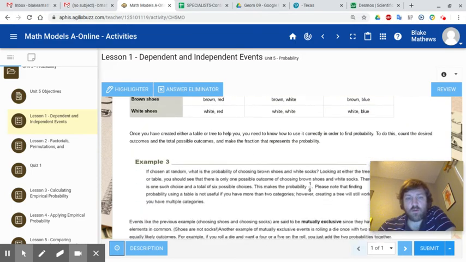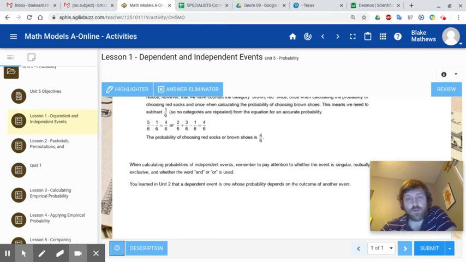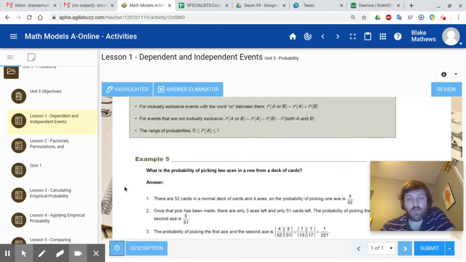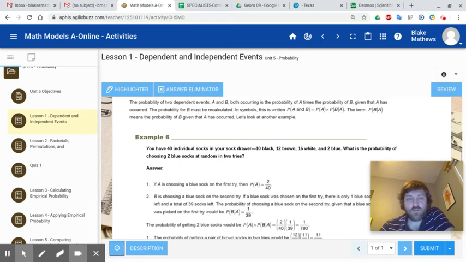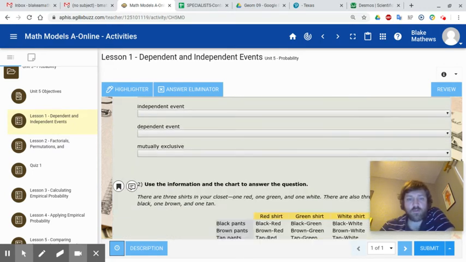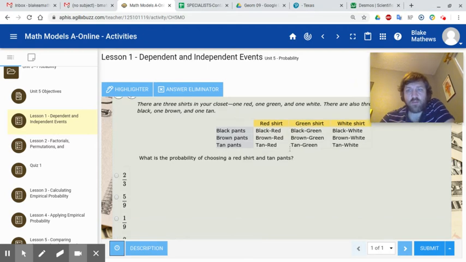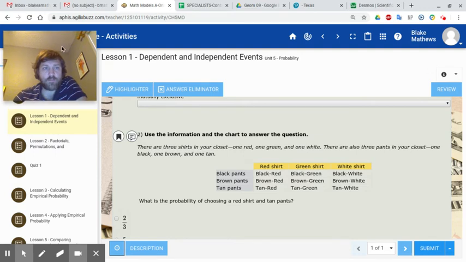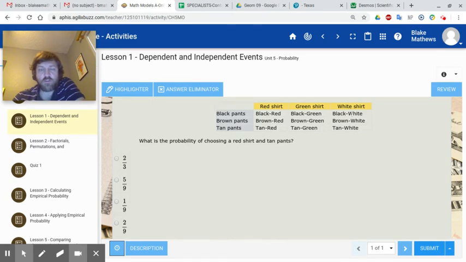And so the first thing they walk through is looking at a situation and trying to figure out what are the total number of possibilities in that situation. They give a lot of different examples, but one in particular is these problems where there's two different things, like pants and shirts, and then there's all the combinations of pants and shirts that you could have.